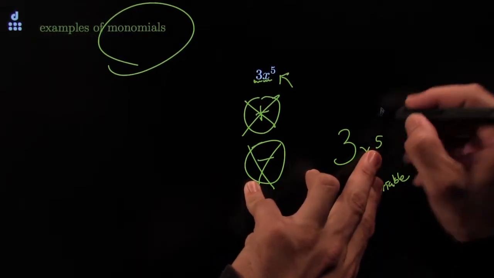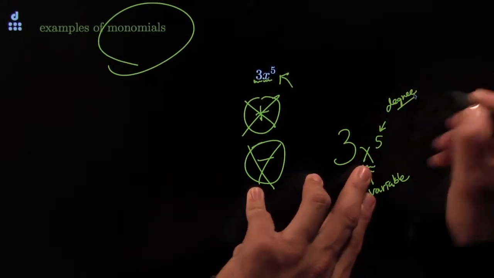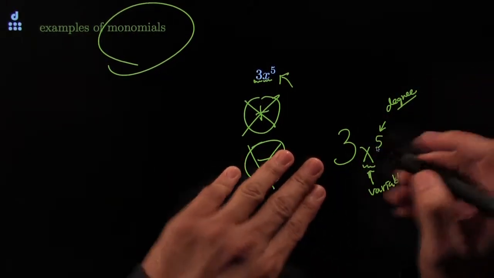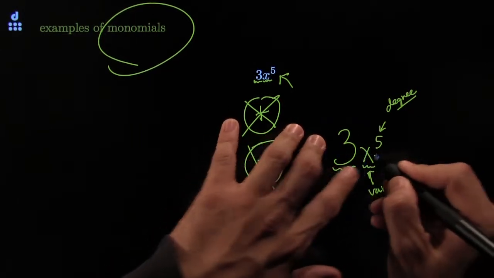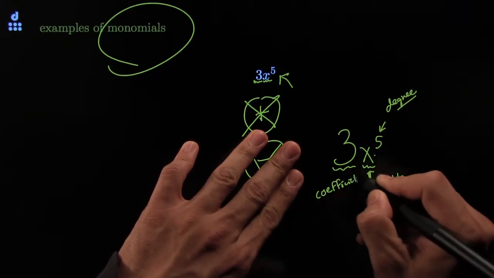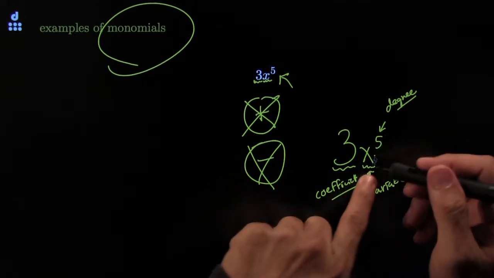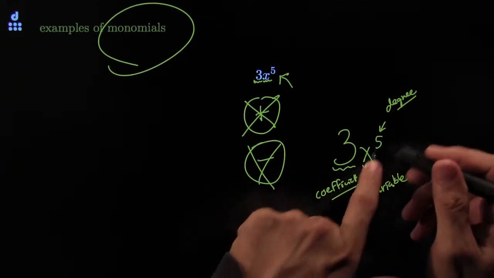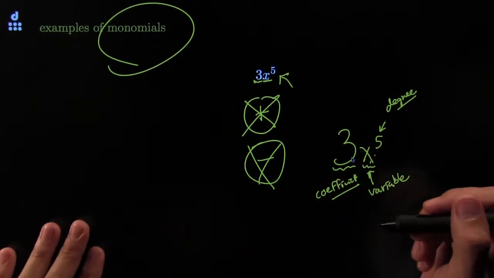And if there's an exponent here, this is called the degree for the monomial. And if there's a number being multiplied times the variable, this is called the coefficient. So altogether we would say, 3 is the coefficient, the monomial is degree 5, and x is a variable. The variable is x, the degree is 5, and the coefficient is 3.